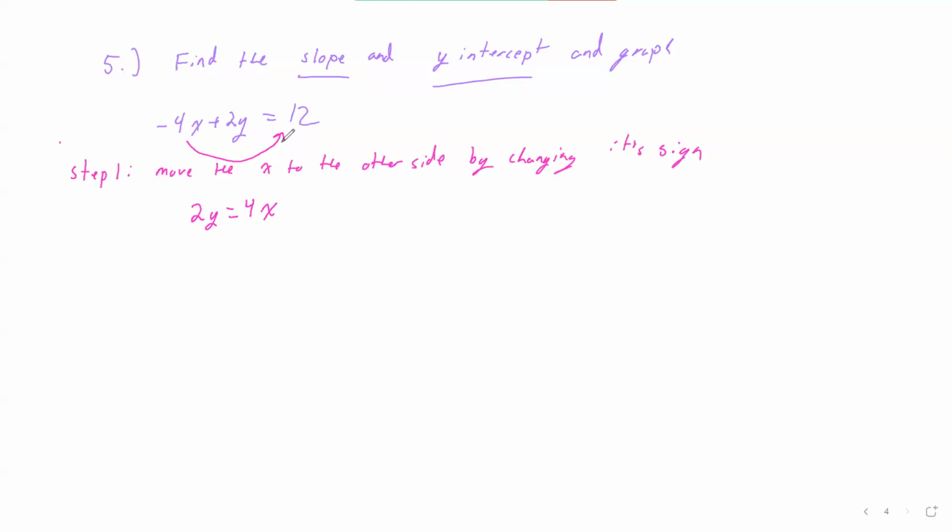And then this 12 is already positive, so I say plus 12. That's step 1. Change the sign of the x and move it over. We good with that? But do notice I put it in the front, and there's a purpose to it, and I'll show you that after the second step.